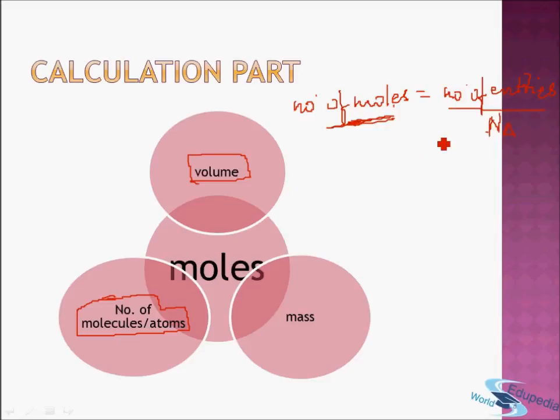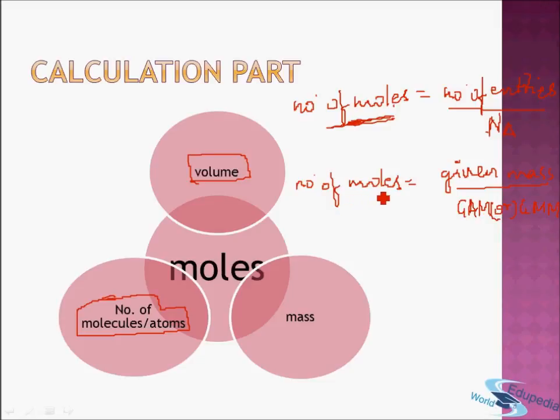Okay, and once I have calculated number of moles using number of molecules, now using number of moles I can calculate mass, that is the mass of substance taking part in the reaction. How do I calculate that? Well, another formula that we studied, number of moles is equal to given mass divided by gram atomic mass, or gram molecular mass, depending on whether you are talking about moles of molecules or moles of atoms.